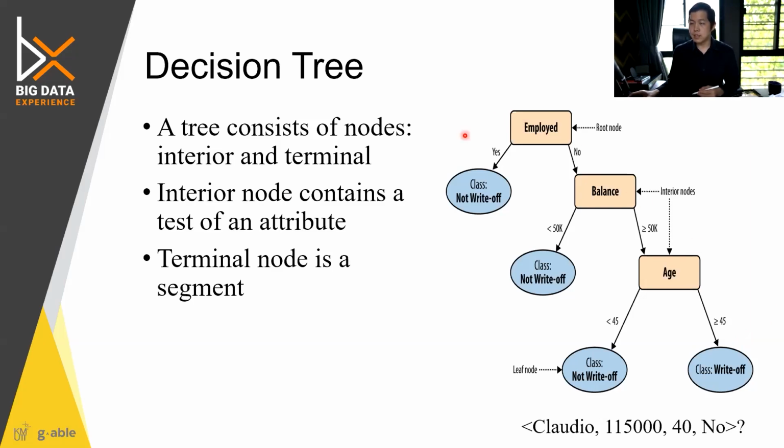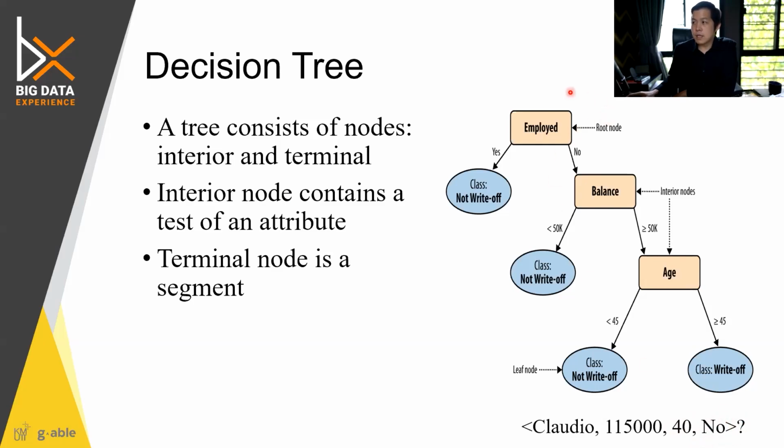Suppose that we create this decision tree and we can make predictions from it. Suppose we have another person coming in, and we don't know whether this person would be written off or not. We can use the decision tree to make a judgment, like 115,000, this is balance, 40 is age, and no for employment.